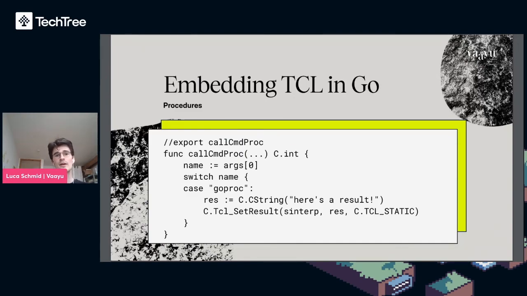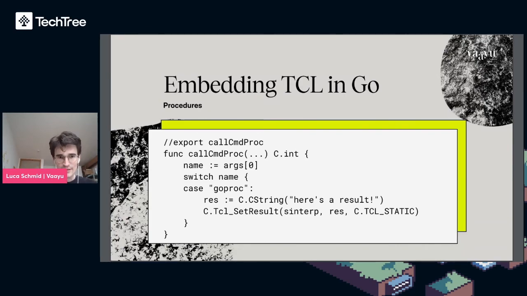So for every single custom defined Go Tickle procedure, this one function will be called, and it'll go through the switch case statement. Here we're defining a custom procedure called goproc, which simply returns a string which says, here's a result, and sets this using the Tickle C API.